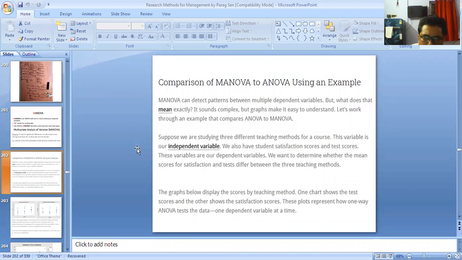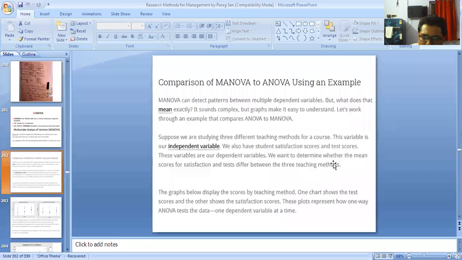Suppose we are studying three different teaching methods for a course. This variable is our independent variable. We also have student satisfaction scores and test scores. These variables are our dependent variables.